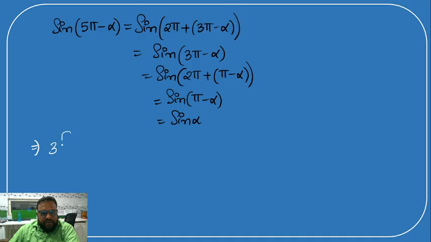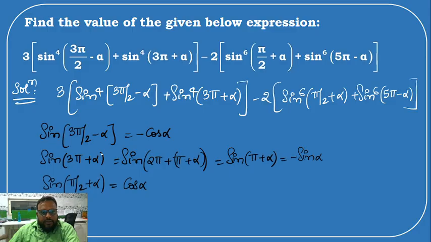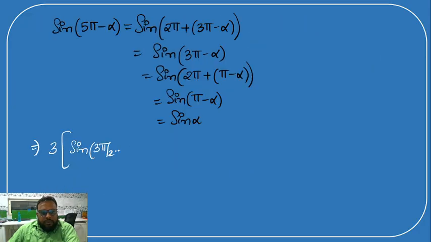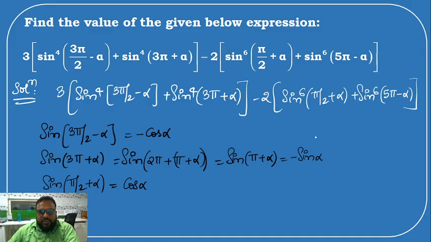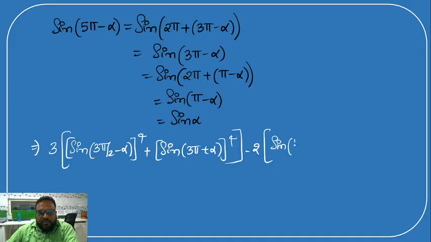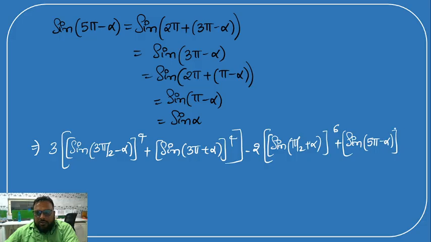So first I will write like this: sin of (3 pi by 2 minus alpha) to the power of 4, plus sin of (3 pi plus alpha) to the power of 4, right, minus 2 into sin of (pi by 2 plus alpha) to the power of 6, plus sin of (5 pi minus alpha) to the power of 6.